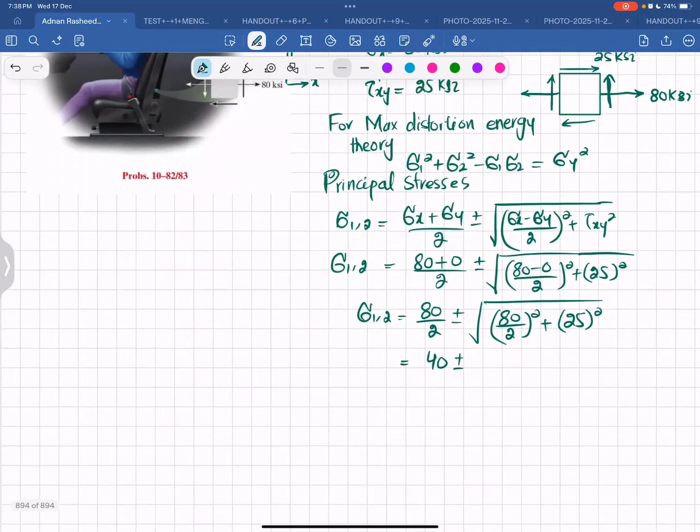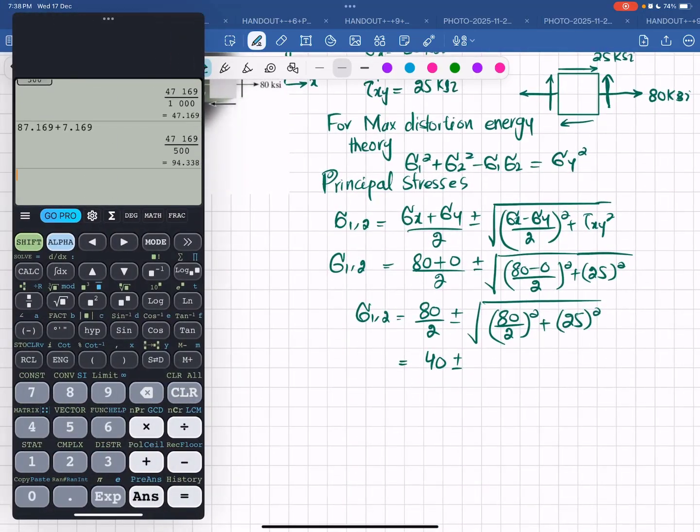We will calculate it. The square root of (80 divided by 2) squared plus 25 squared will give you 47.169.